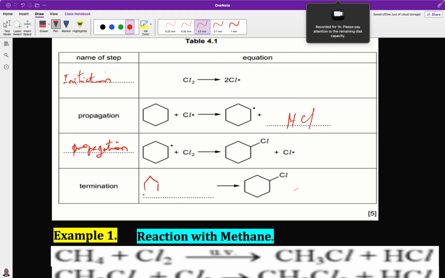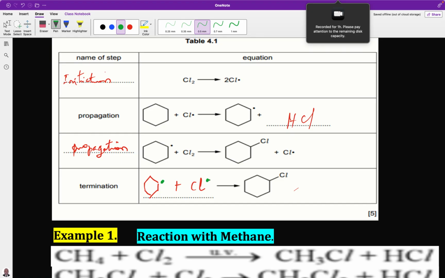These are the free radicals, these are the single electrons here.